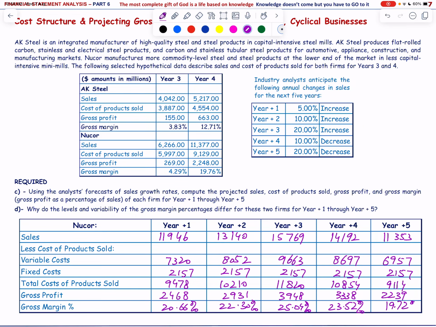So that's how we are going to forecast the sales, cost of product sold, variable cost, fixed cost, gross profit margin. And then we go to part D. Why does the level of variability of the gross margin percentages differ for these two firms for year 1 through year 5?